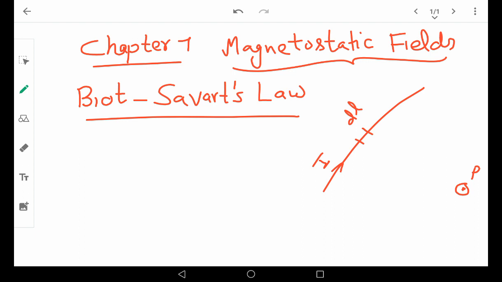I want to find out the magnetic field at this point due to the current element Idl. This is a differential current element, a vector.